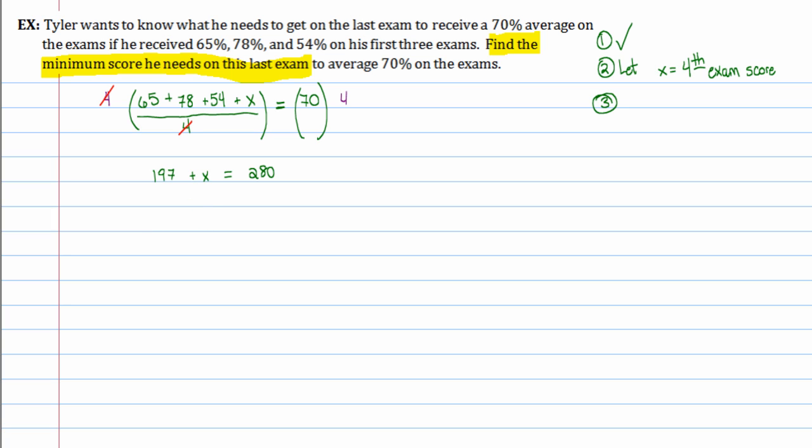Subtract 197 from both sides. And we get x is equal to 83. So he will need an 83% to pass.